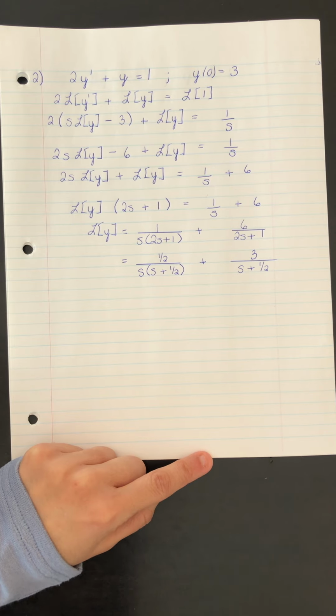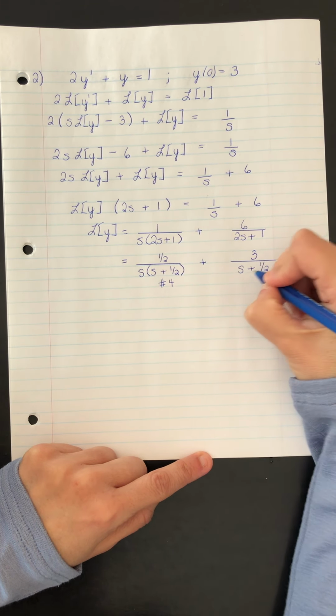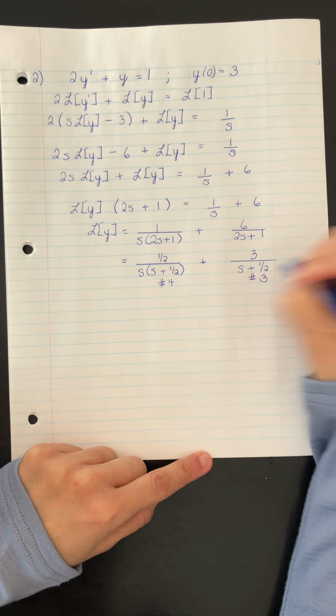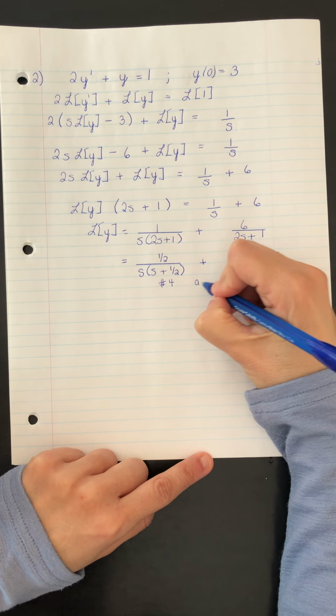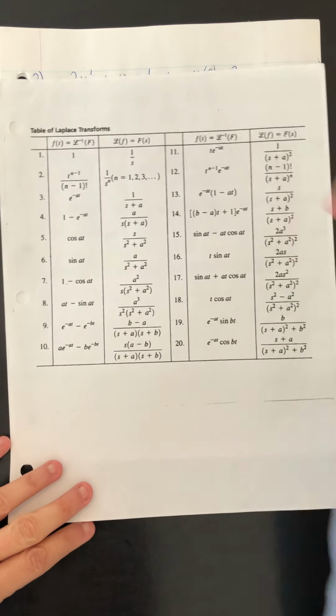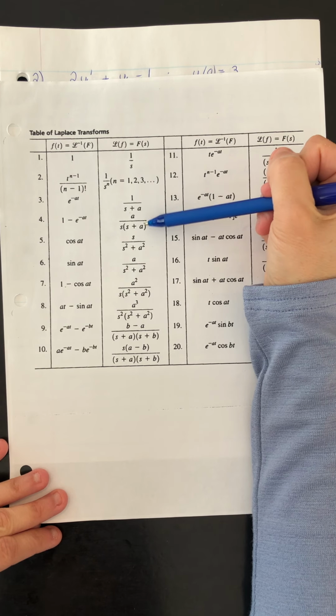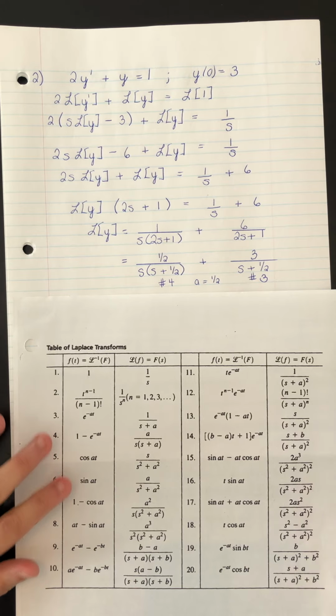Okay, and now we will be using transforms 4 and 3, respectively, and for each, a is positive 1/2. Now let's have a quick look.